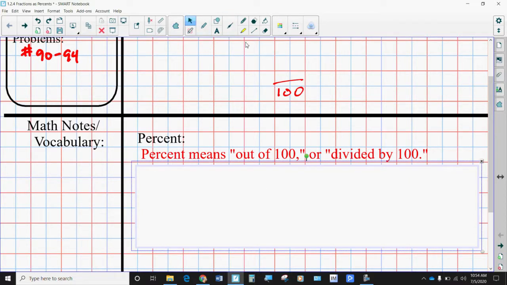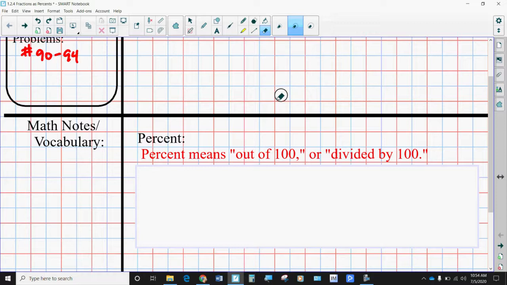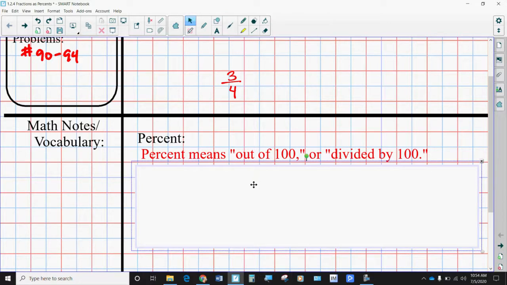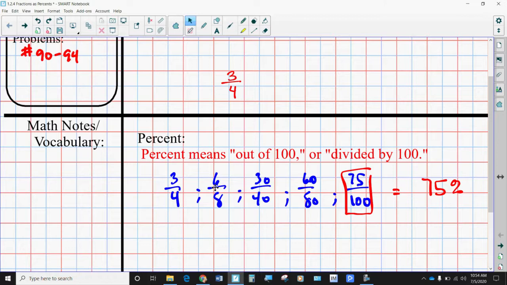So if we were to ask what percent would be the equivalent for the fraction 3/4? 3/4 has an infinite number of equivalent fractions, right? 3/4 is the same as 6/8 if you multiplied it times 2 over 2.